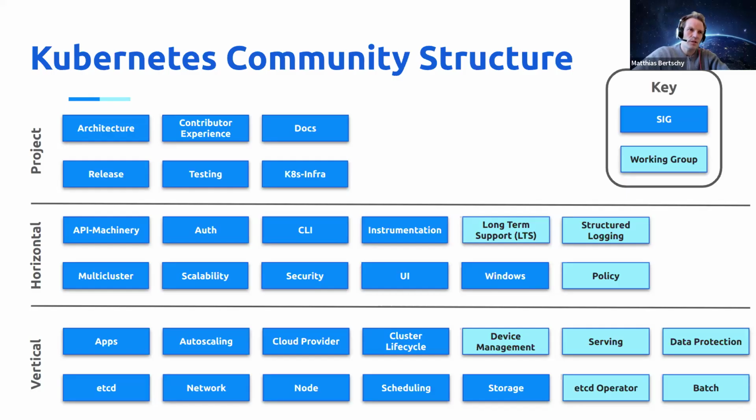Also, you might have encountered the work of API Machinery or SIG Auth, and these are horizontal groups because their work is common to all the different parts of the project. And finally, as examples of vertical groups, you can find autoscaling, scheduling, networking, or even SIG Node, which I'm a member of.